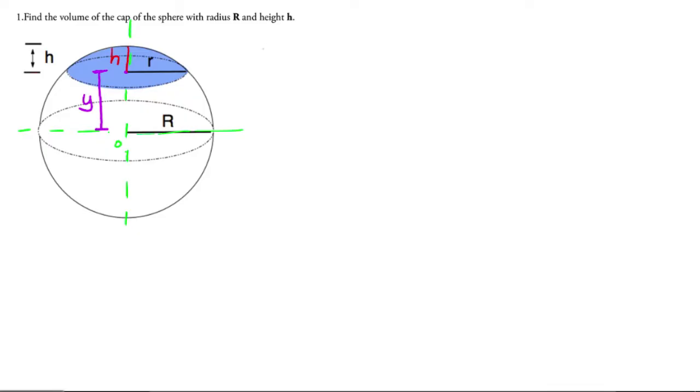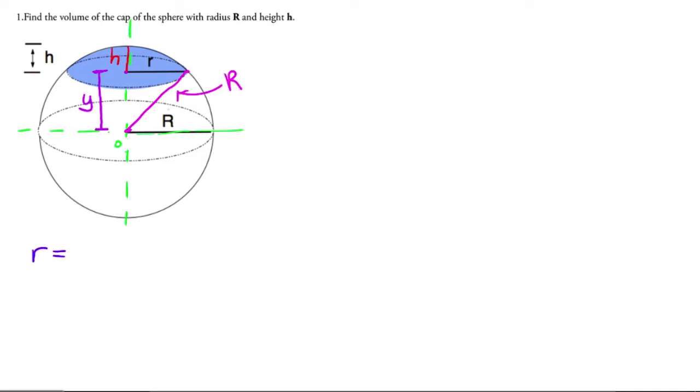Taking that into account, my task is now to figure out a formula for the area of the circular cross section. To do that, I need to find this radius r right here. I can draw a line from the center. I know that from the center to the outside edge of the sphere is capital R, because that's the radius of the sphere.